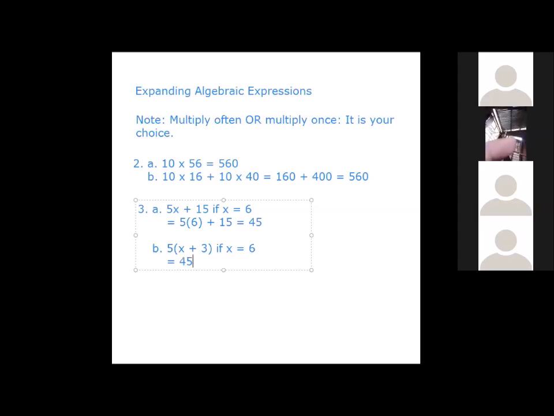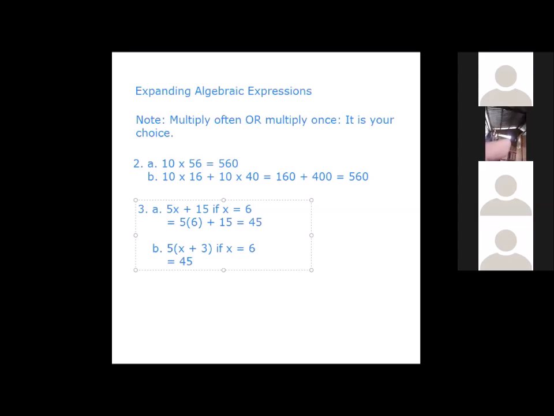45. So now we have 3 examples. And these 3 examples have proven that when we have an expression, multiplying them directly or separating factors and then distributing gives the same result.